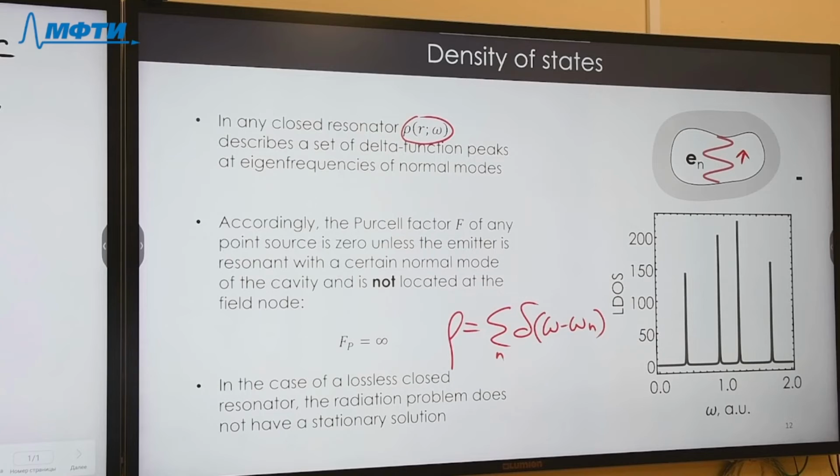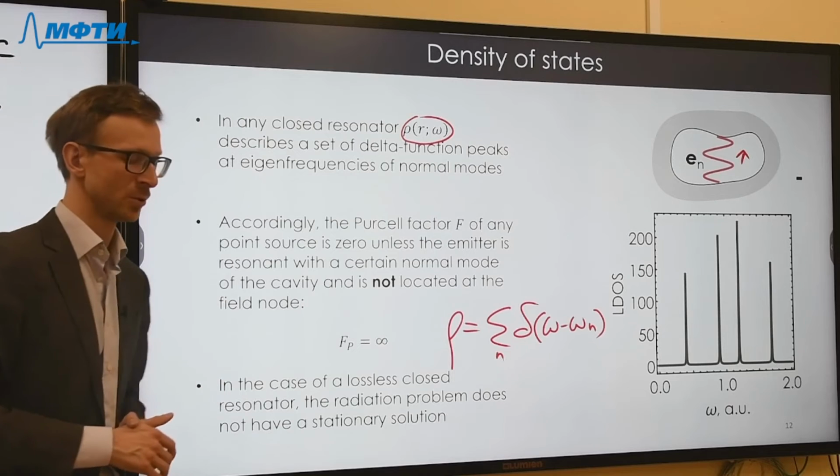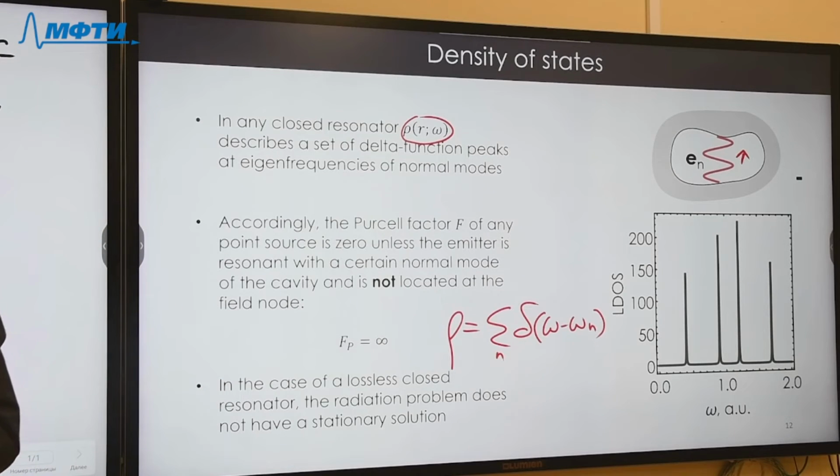If the source is resonant with a particular eigenmode of the closed cavity, there is no stationary solution. This is what we also discussed on one of our first lectures, on lecture 2, when we were discussing radiation problem and eigenmodes of closed cavities.